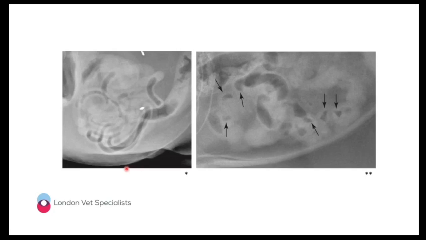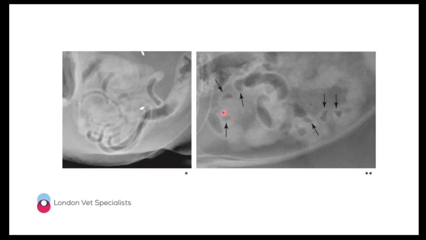So in big fat cats, often the small bowel will bunch up in the center of the abdomen, and you can sometimes confuse that with a linear foreign body. So if you have a big cat and you have small bowel that's bunching in the center of the abdomen, but the gas within the lumen still looks normal, so we're still getting these linear loops of luminal gas, then that's a normal appearance.